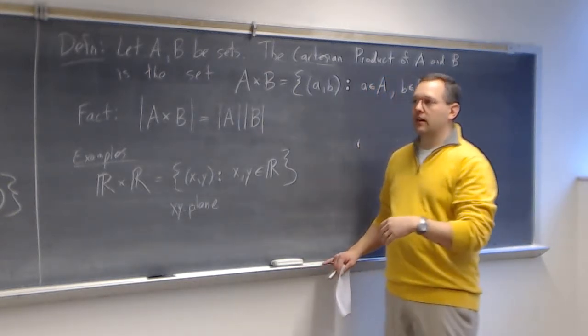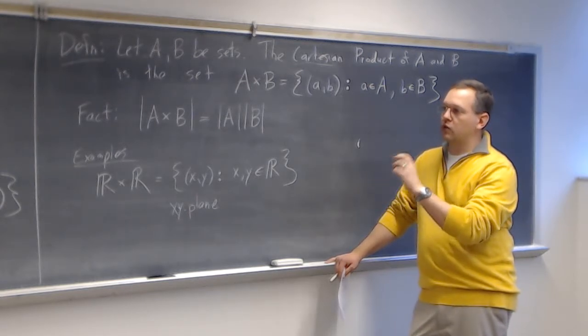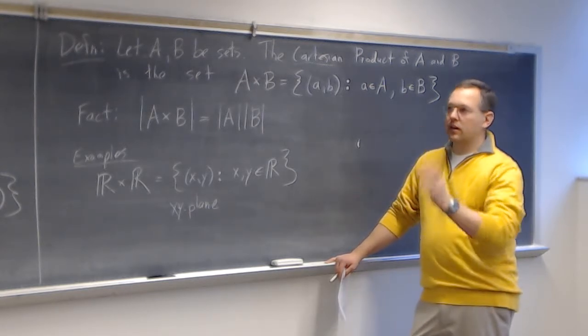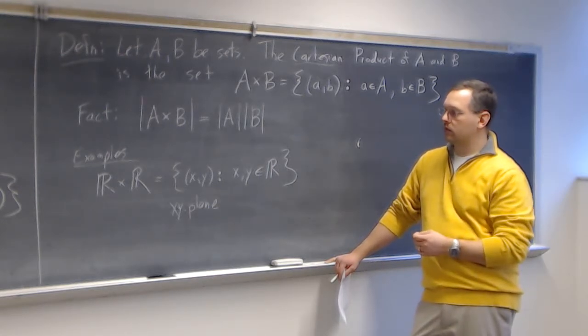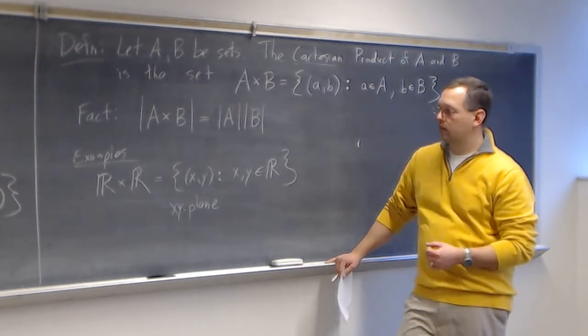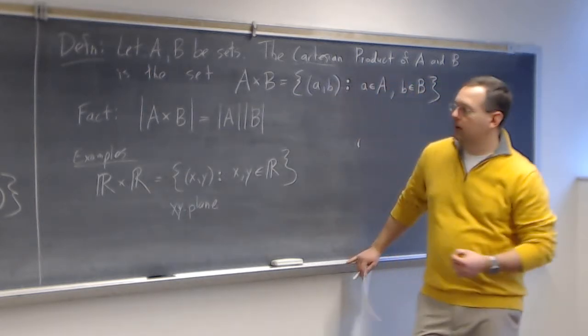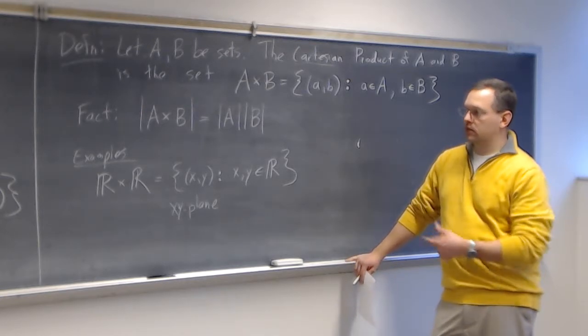He came up with this idea, and it revolutionized mathematics. When you could study geometry using algebra, it revolutionized mathematics. This is one of the greatest inventions of history, of mankind, in my opinion. But so, the xy plane.